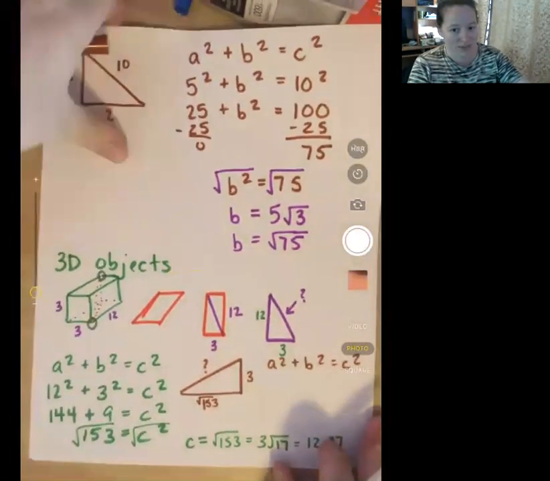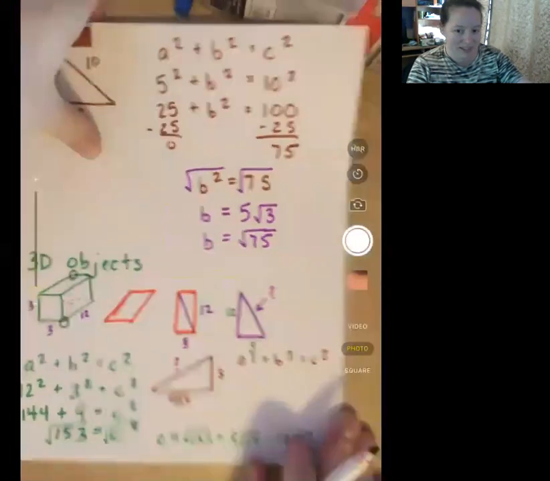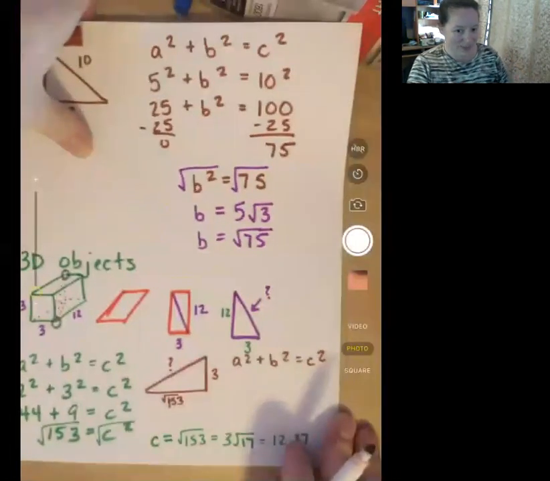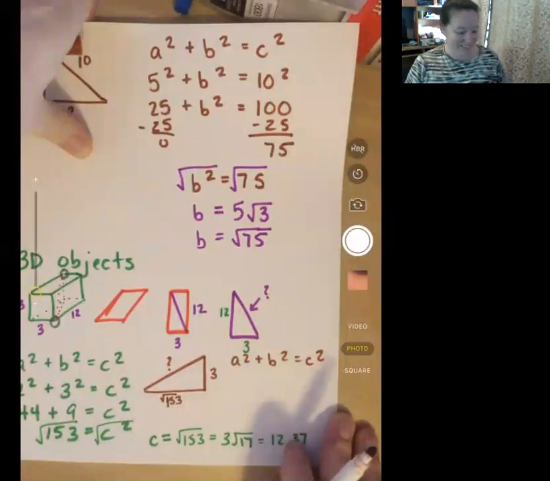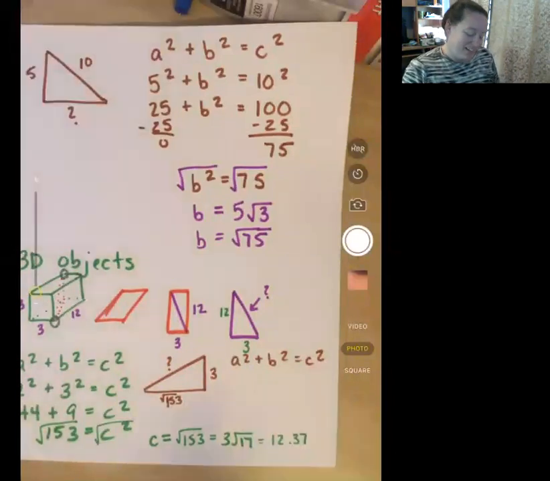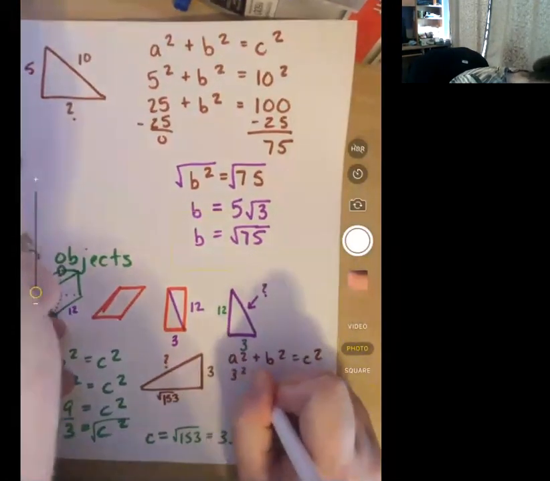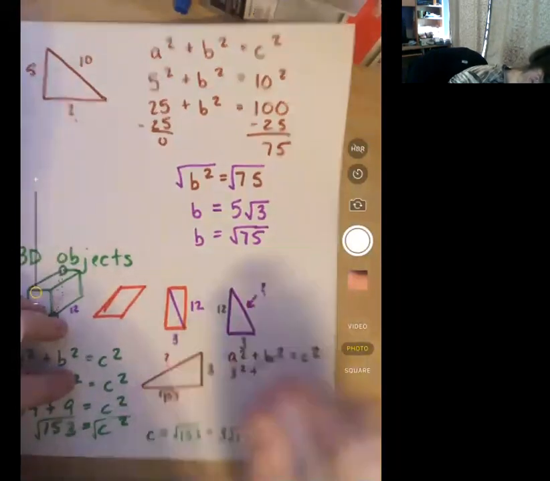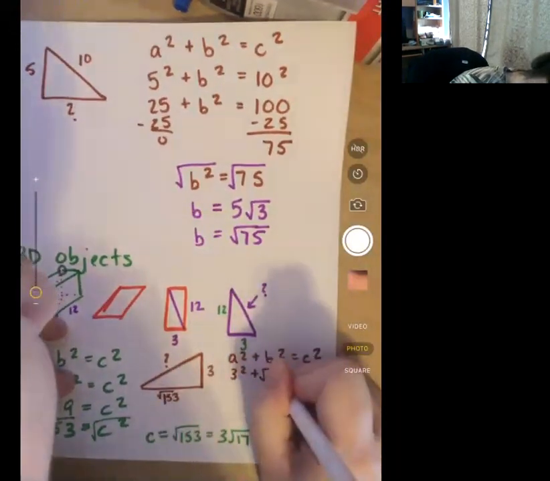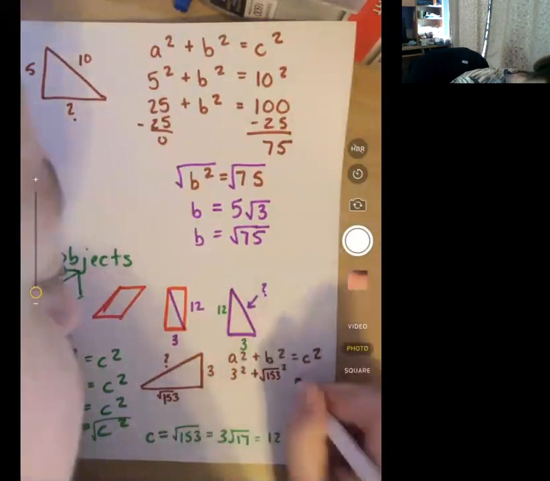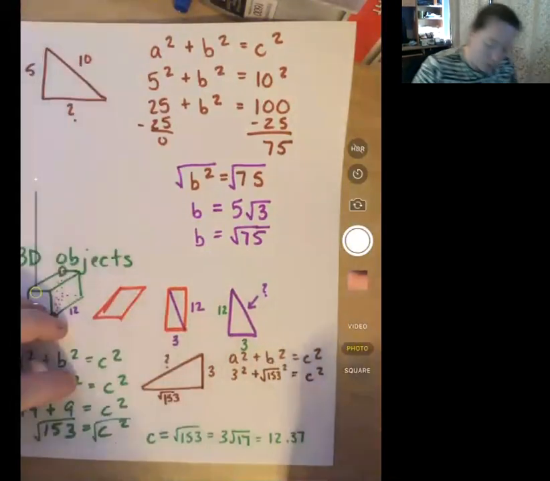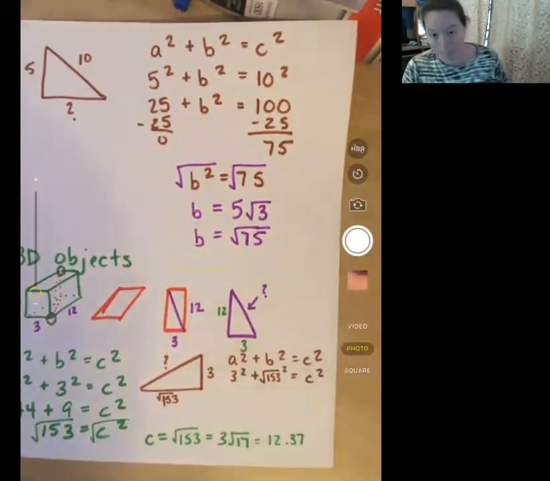Let me move this over a little bit. Still with me? Our a squared, let's go with the 3 squared, plus b squared, which is the square root of 153 squared, is equal to c squared, which we do not know.